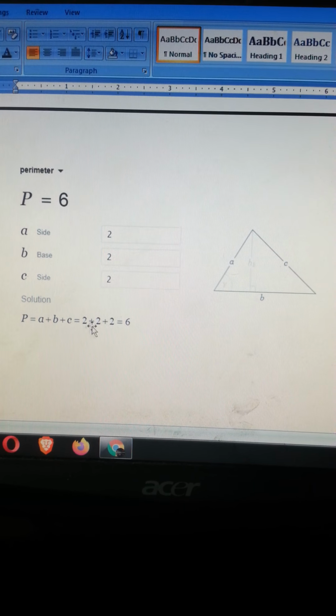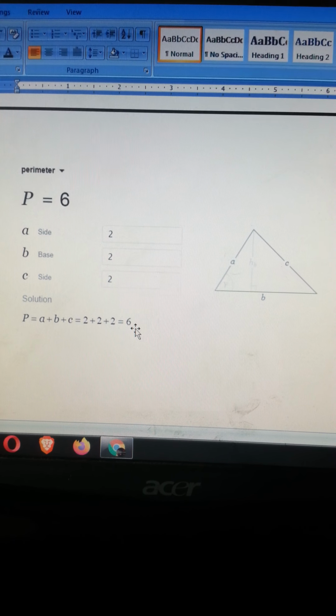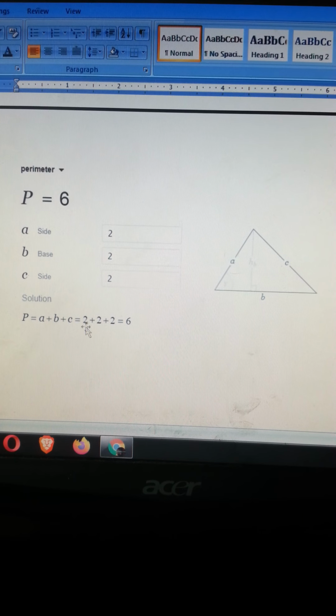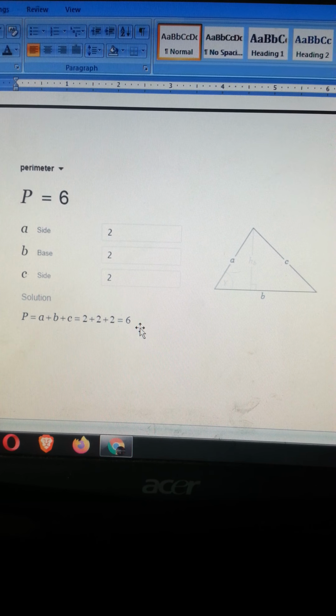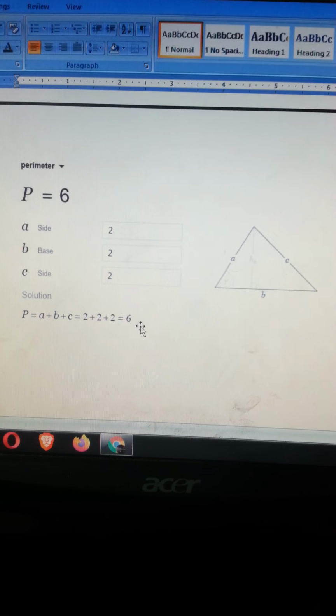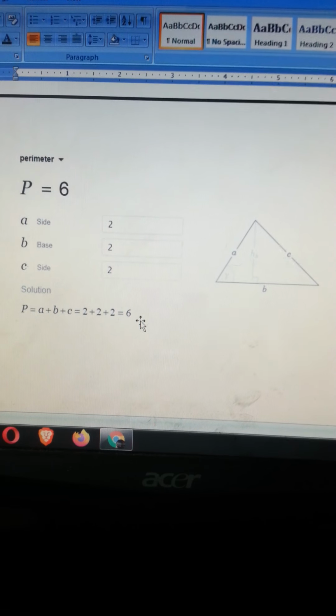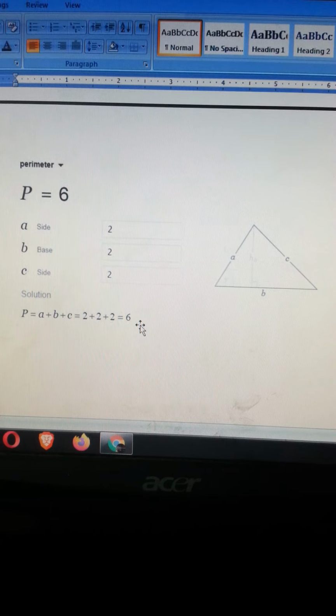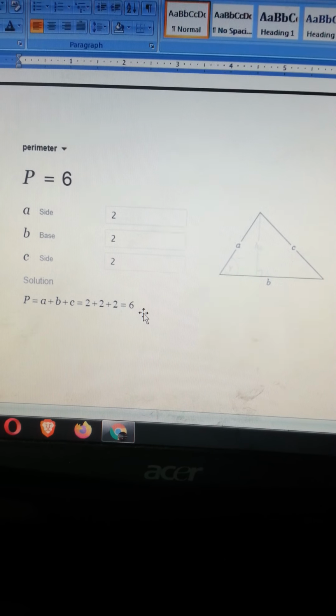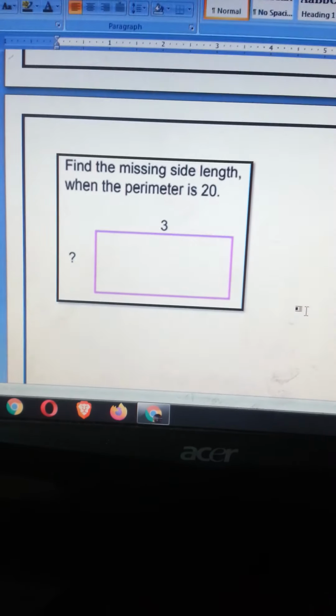So we are adding 2 plus 2 plus 2, which is equal to 6, and the unit will be single, right? They haven't written it over here, but don't you forget the unit. If it is centimeter, then it will be centimeter. If it is meter, then it will be meter. Okay, without a unit, geometry is incomplete. So whenever we do the calculation in geometry, we need to write the appropriate units.